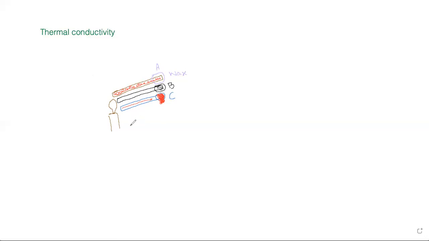It means that the rate of flow of thermal energy is higher in C compared to the others.